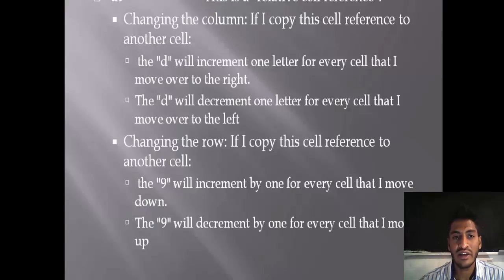Relative cell reference D9, changing the column: if I copy this cell reference to another column, the D will increment one letter for every cell that I move over to the right. The D will decrement one letter for every cell that I move over to the left. Changing the row: if I copy this cell reference to another cell, the 9 will increment by 1 for every cell that I move down. The 9 will decrement by 1 for every cell that I move up.